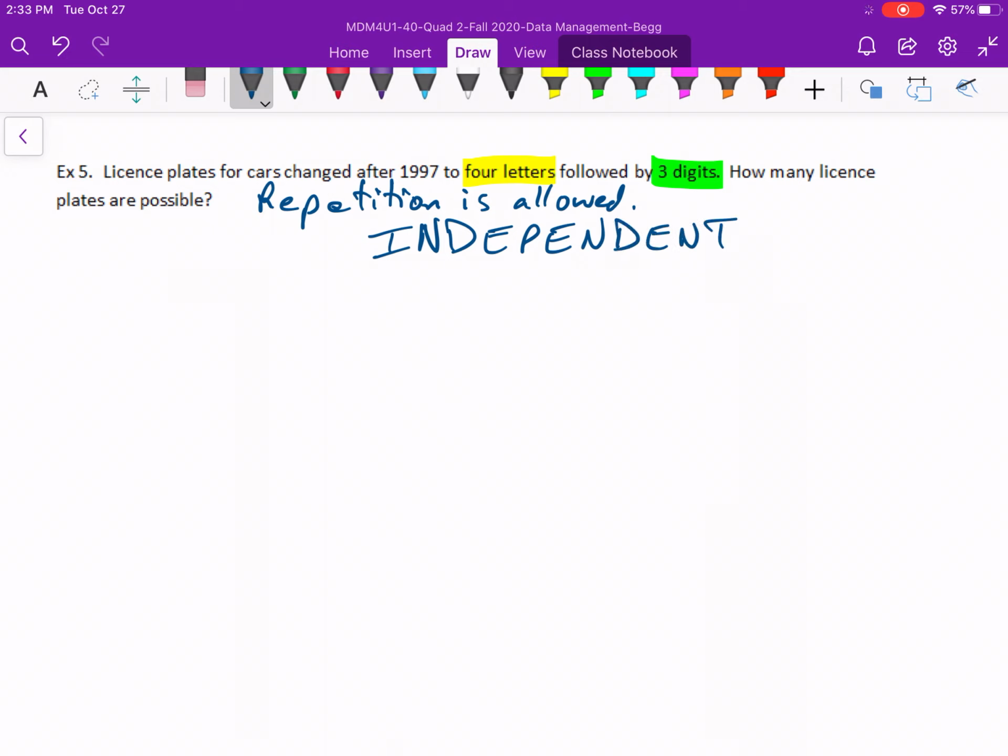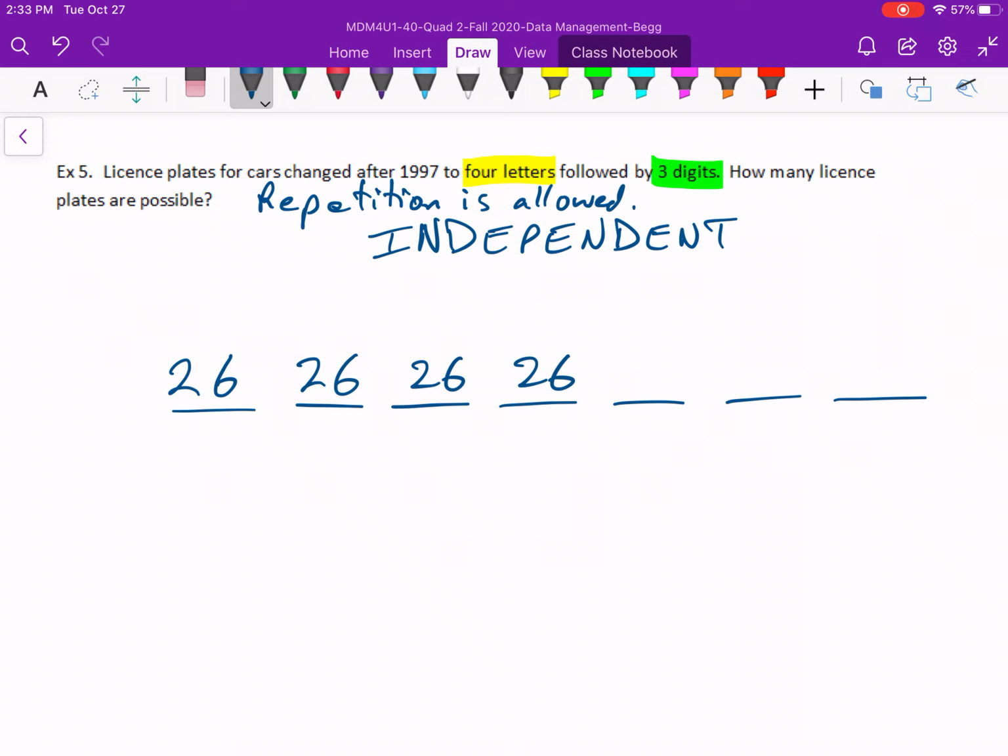So we've got 7 spots to fill in. And the first 4 are letters. Well, there's 26 letters in the alphabet. And since repetition is allowed, I've got 26 possibilities for each of the 4 spots. Now, we've already seen there's 10 digits, so the last 3 spots have 10 choices each to fill it in.